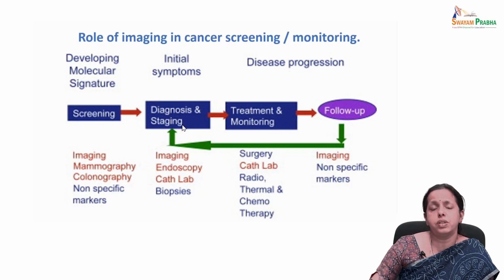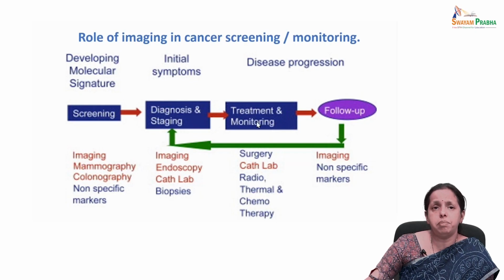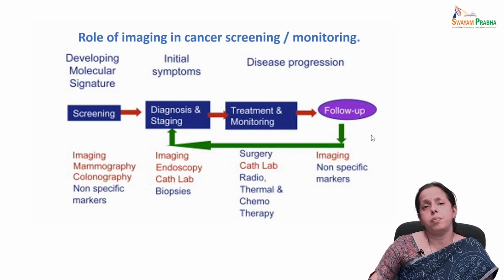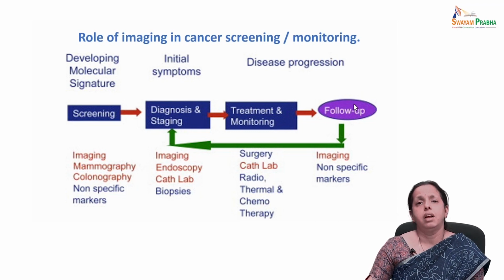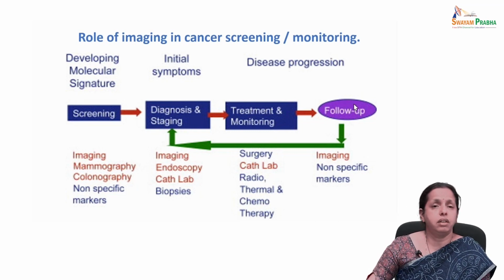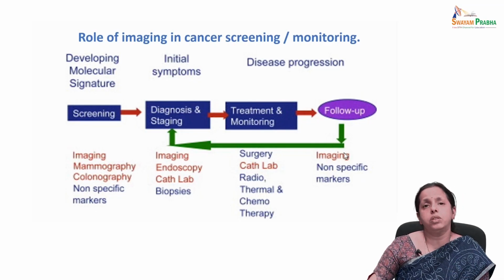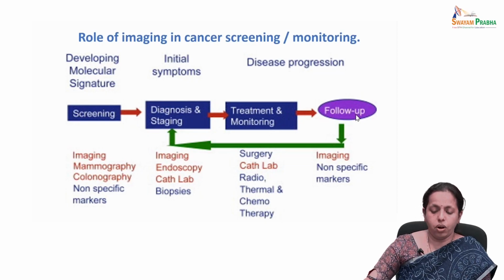We talked about the different stages of the different cancers. Then during the treatment and monitoring, again the imaging is adapted. Then for follow-up also, yes. Suppose a patient has breast cancer, after they have finished their treatment, every 6 months you need to go back to the hospital or the cancer institute for better follow-ups.